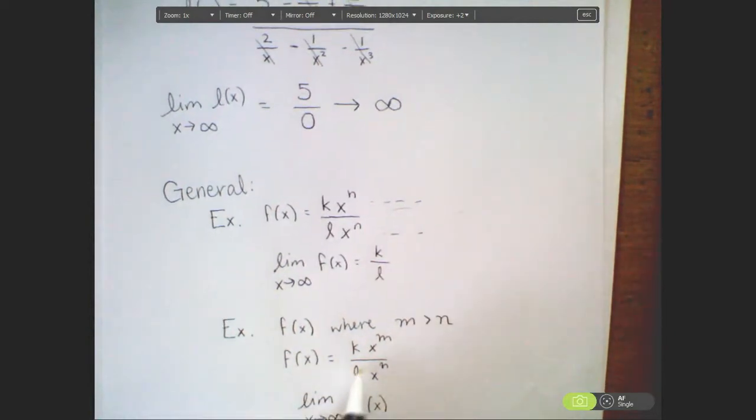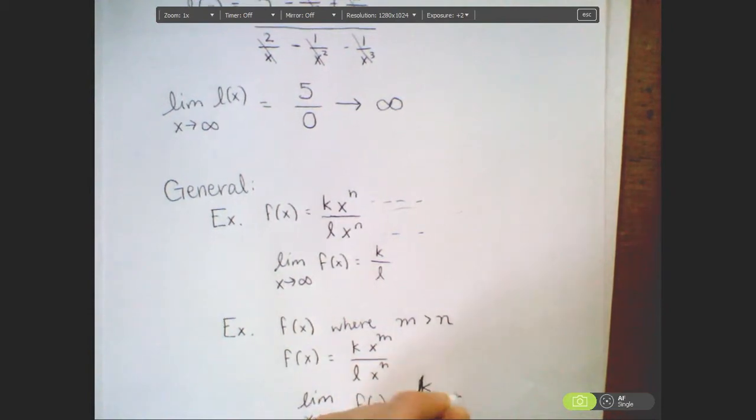It's not going to matter that this small term has an L in front of it. It's still going to be too small to compete with this greater power, and it's going to give me something like k over 0, which is approaching an infinite result.